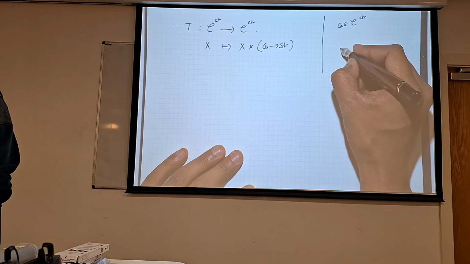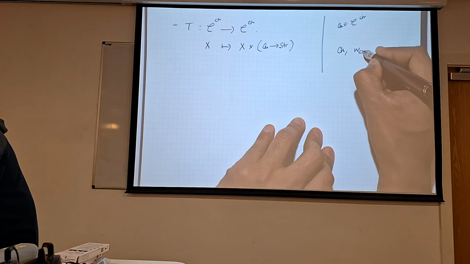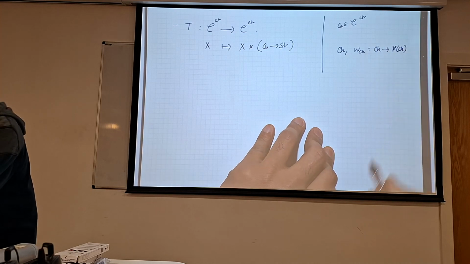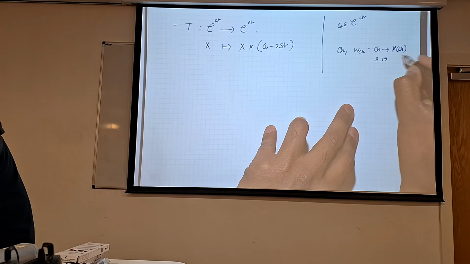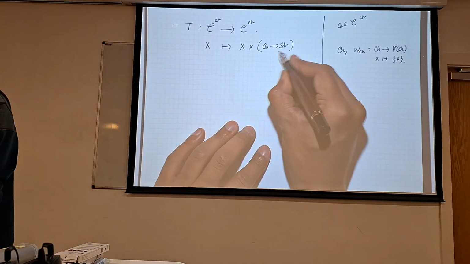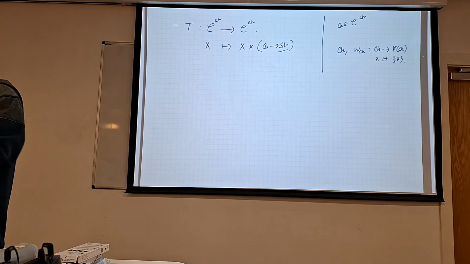Well, it's the same set CH, but you have to define this thing from CH to the power set of CH, and just take the singleton. And then this is just a base type, so it's just a set of strings.